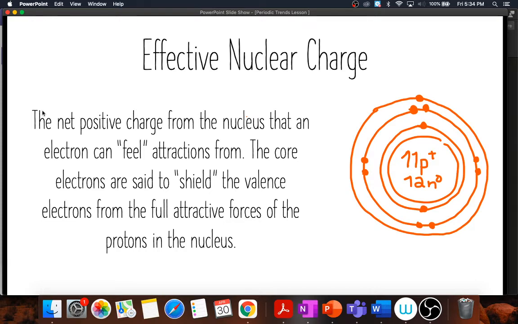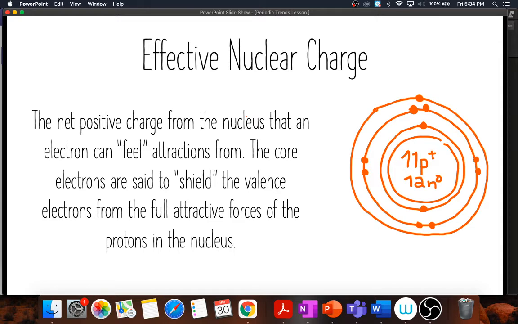So it says here, the net positive charge from the nucleus that an electron can feel attractions from. The core electrons, which are the electrons that are in between the valence electron and the nucleus, are said to shield the valence electrons from the full attractive force of the protons in the nucleus, right?